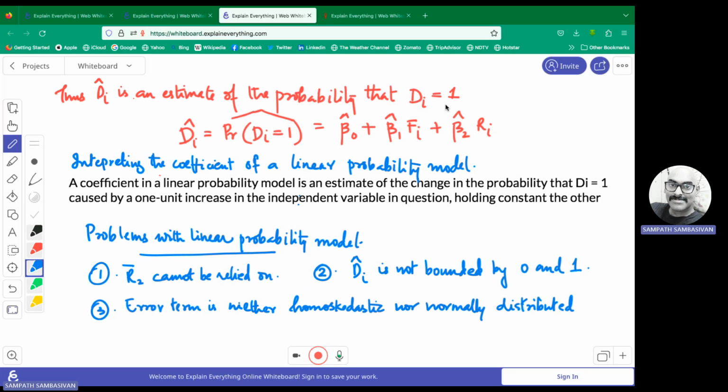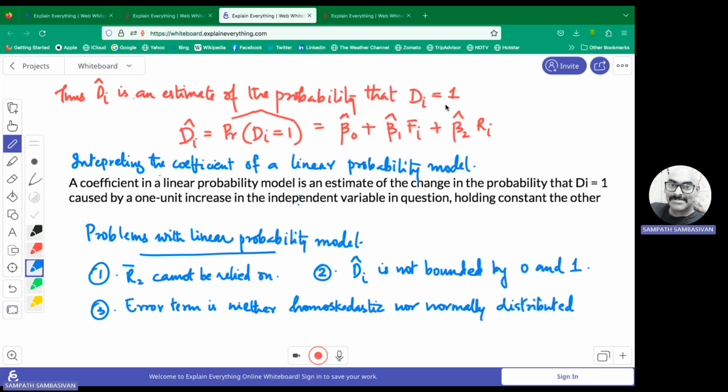Because the estimated values of Di, the dummy dependent variable, indicate the probability that Di is equal to 1. In our case, we defined that if Di is equal to 1, the state would have a female governor.